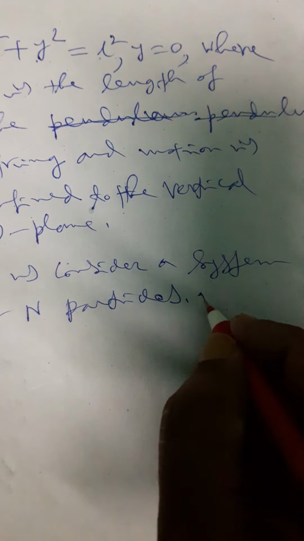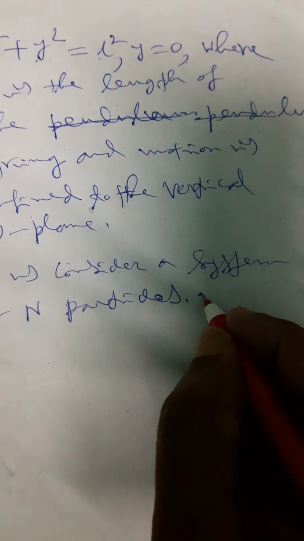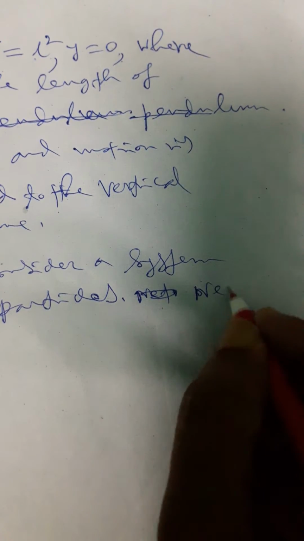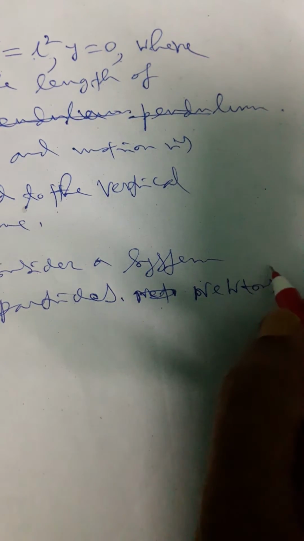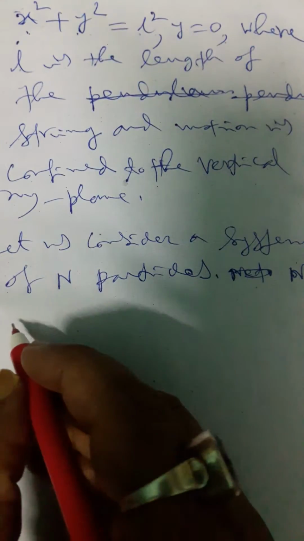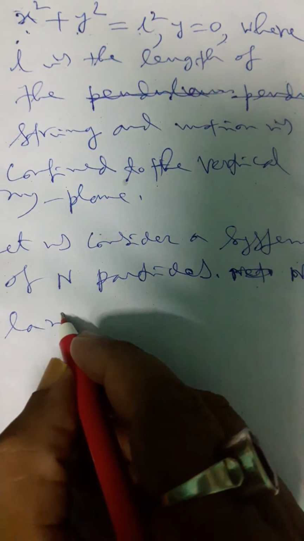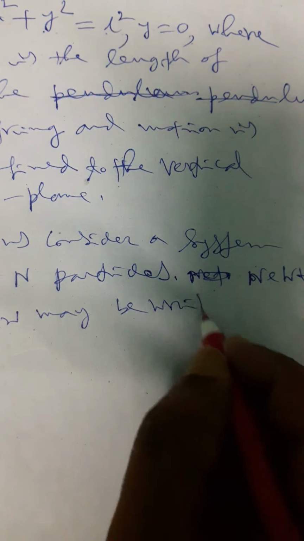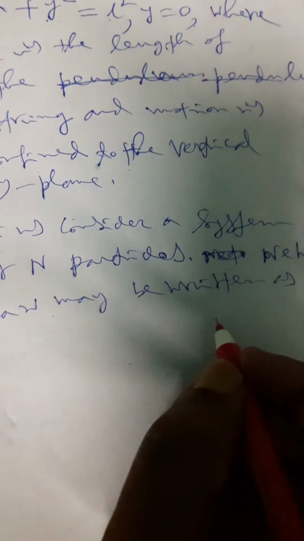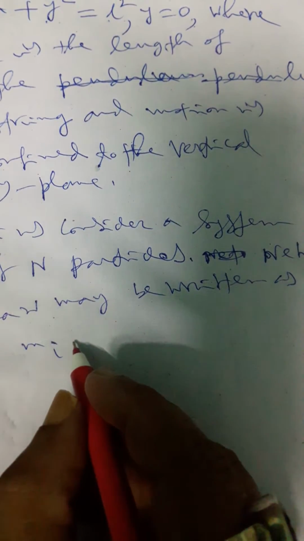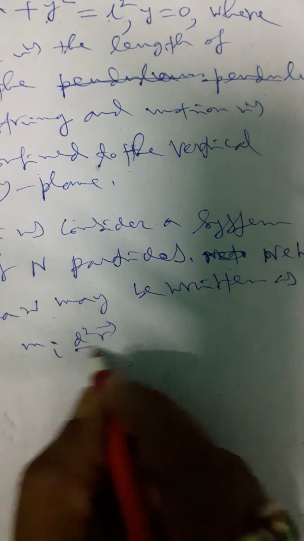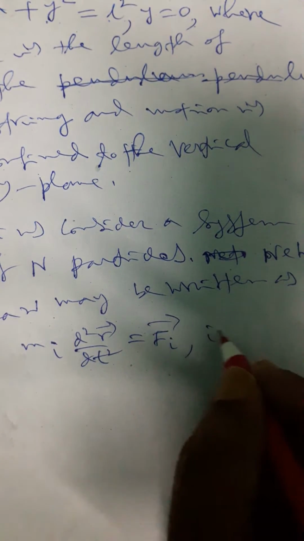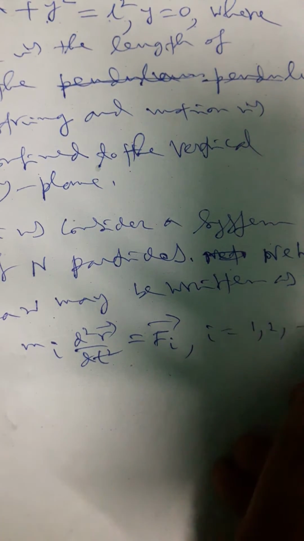Then Newton's law may be written as m i d2r dt2 equals F i, for i equals 1 up to n.